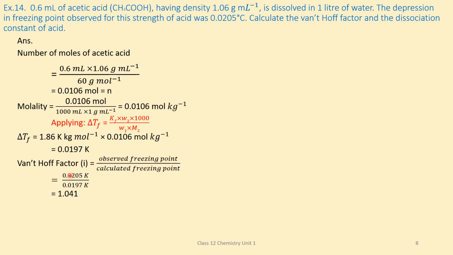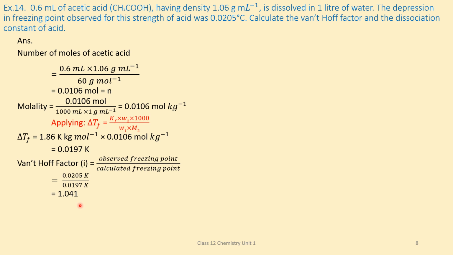Let me read again: Van 't Hoff factor i will be equal to 0.0205 Kelvin divided by 0.0197 Kelvin, which is 1.041. Acetic acid is a weak electrolyte and will dissociate into two ions, acetate and hydrogen ions, per molecule of acetic acid.